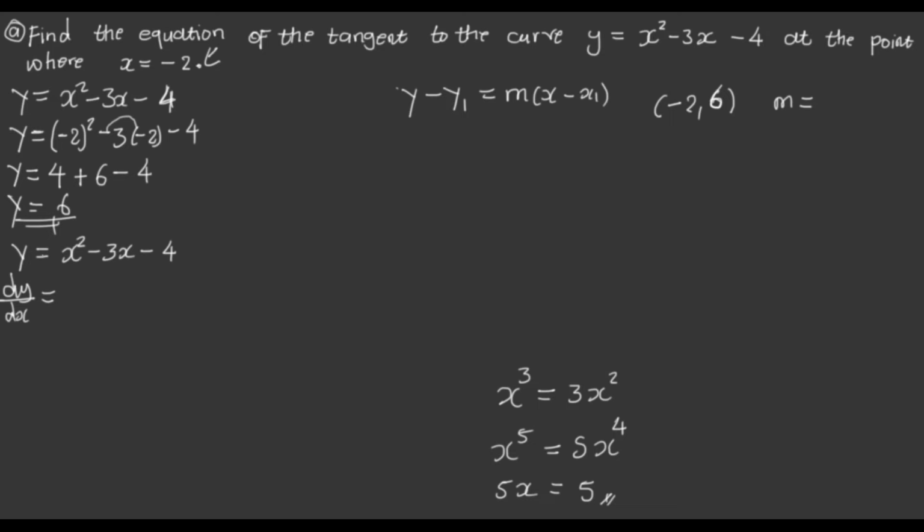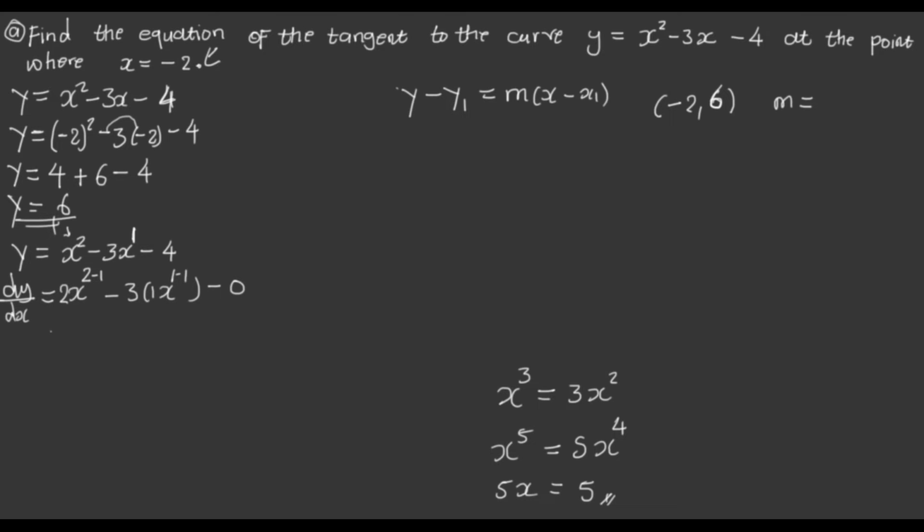So this is what we are going to do also with the first part here. We are going to bring the 2 to the front. We have 2x, then we subtract 1 from the power, 2 minus 1. Then minus 3x. If you want to show the working, you can just indicate the 1, then we bring down our 1, so 1 minus 1 here. Then the derivative of a constant number is 0.